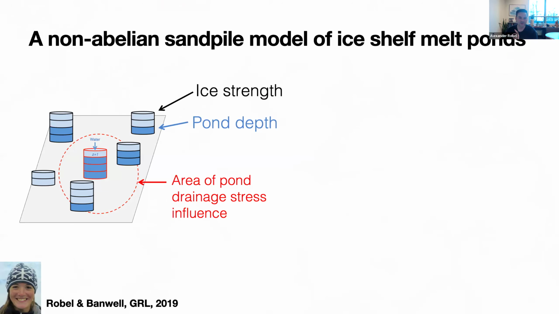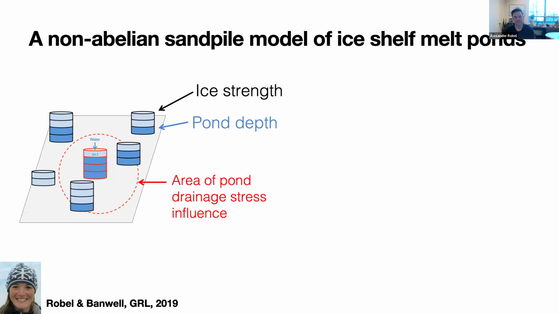And this is very similar to how water arranges itself on a surface. And so in this model, that I published in collaboration with Alison Banwell in GRL in 2019, we think of melt ponds on the surface of a floating ice shelf as being randomly located sites on a 2D surface.